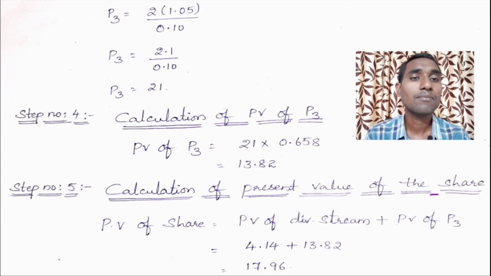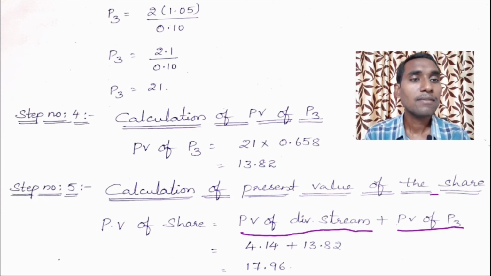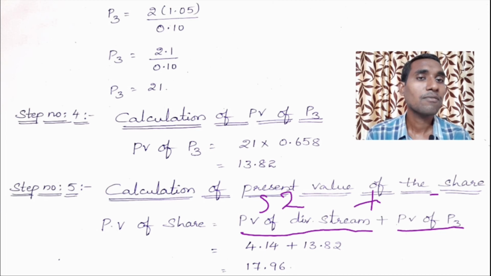Now the present value of the share is equal to, you need to add present value of dividend stream plus present value of P3. Dear learners, present value of dividend stream is your step number 2 output. Plus present value of P3, which is your step number 4 output.